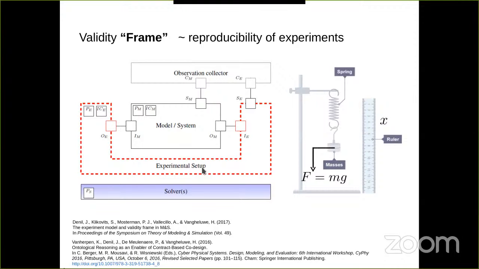And for that, we not only need to know what the experimental setup was, but also if I'm solving numerical equations with some numerical solver, I even need to know what the solver was, what the parameters were, like the step size of a numerical solver solving differential equations.